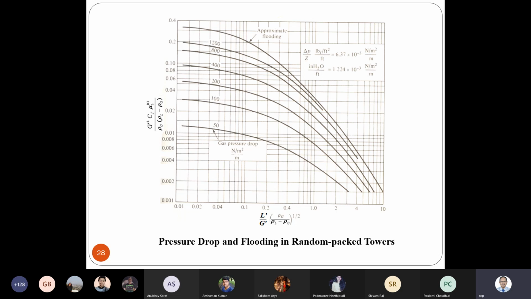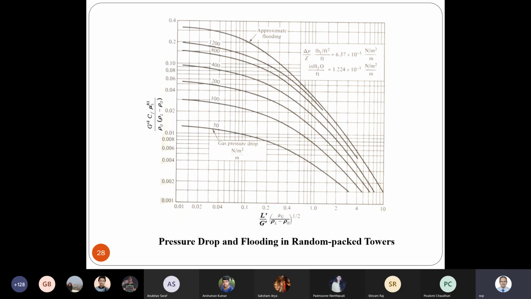So you know this parameter, then for a particular value of this parameter, you can just go vertically up to the flooding line, right? So you come straight up to this point. This is the approximate flooding line.